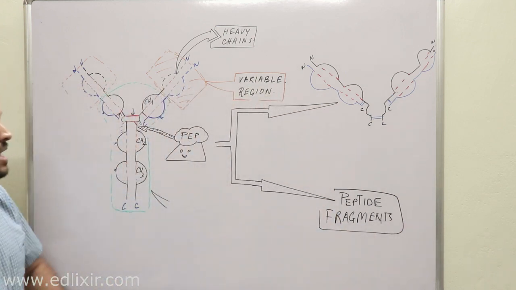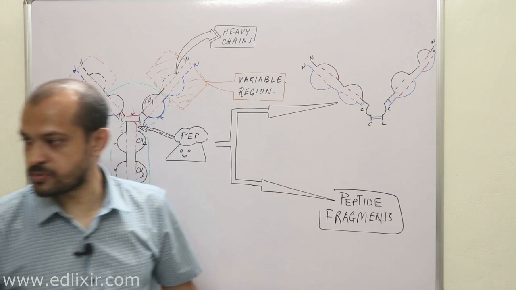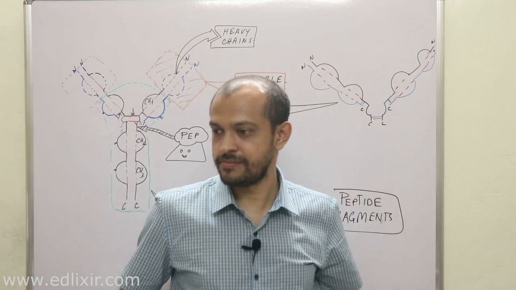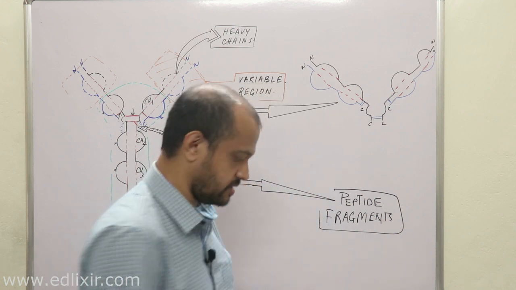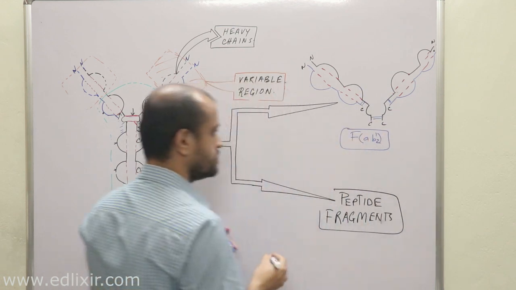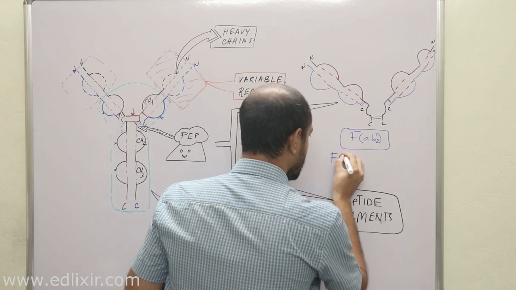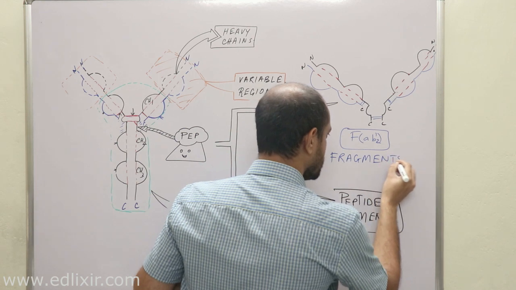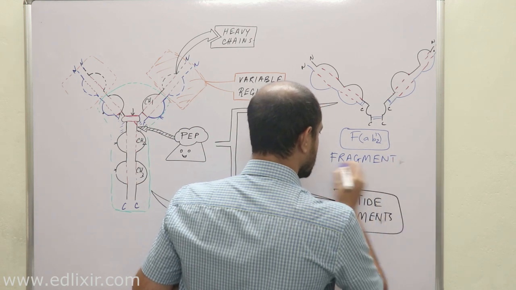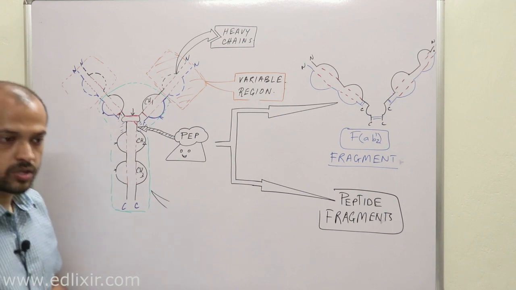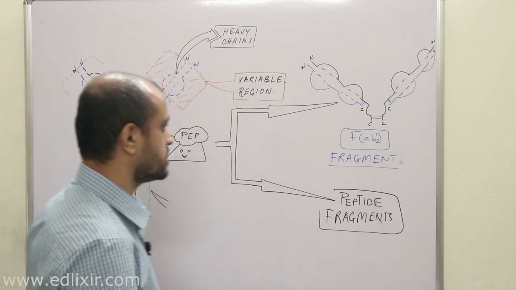Now listen, what is the name of this portion? FAB, right? All of you are wrong. This is not FAB, this is called the F(ab')2 fragment. Clear?